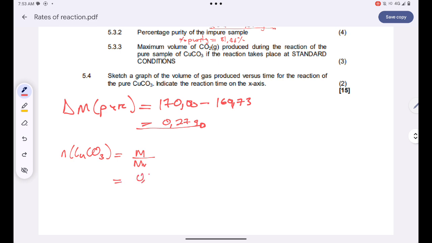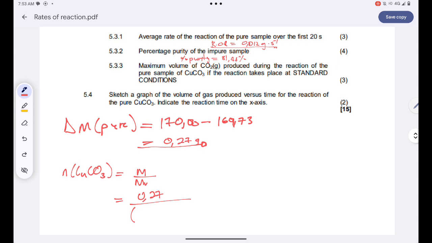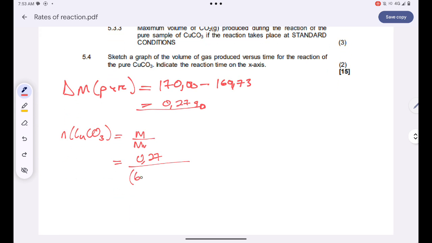It differs, guys, with the periodic table. Some periodic tables prefer writing whole numbers. You might find that in some of them you have 64 as your copper. So please do check your question paper. I know that carbon is 12 and oxygen is 16, but since I have 3 of them, I'll multiply by 3.